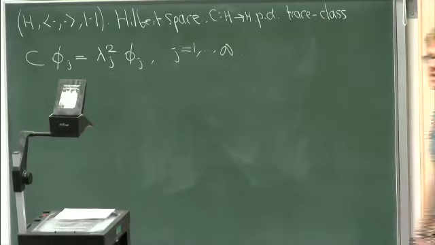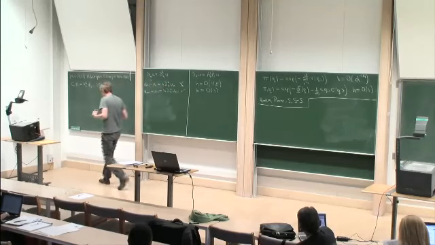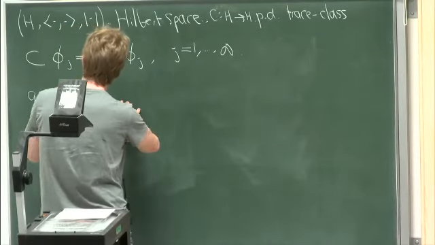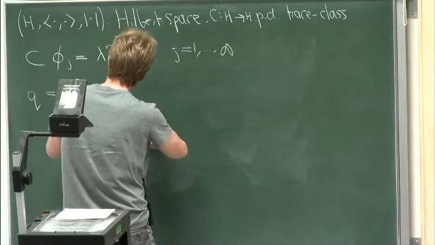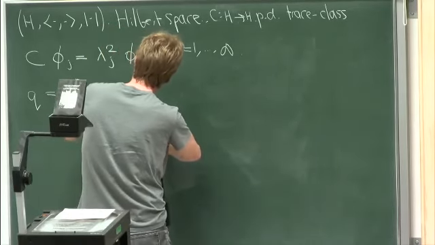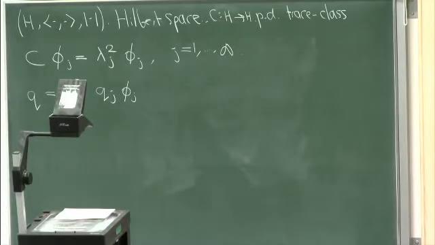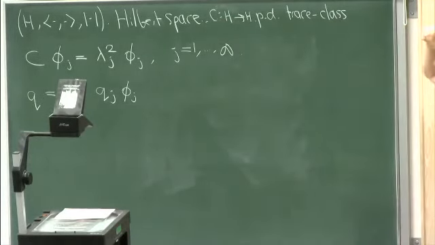So the phi j's are the eigenbasis for C, and they're an orthonormal basis for H, so therefore I can expand any function q in that basis. So I use qj to denote the coordinates of q in the basis defined by C.